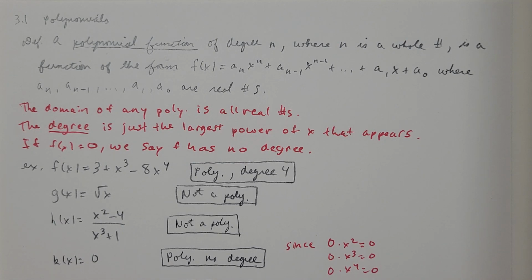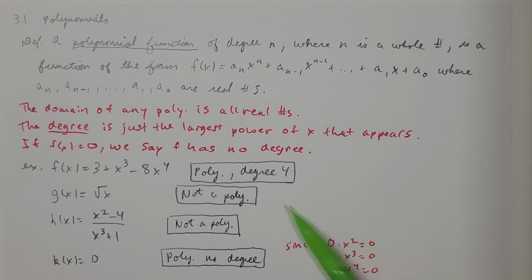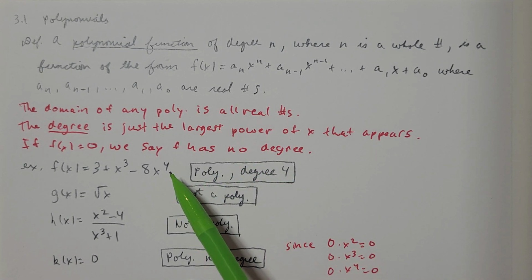The second thing is that every single power of x has to be a whole number. Okay, well, 3 and 4 are whole numbers, and so that condition is satisfied. So this would be a polynomial, and the degree is always the highest power of x that we see. Okay, so it's a degree 4 polynomial.